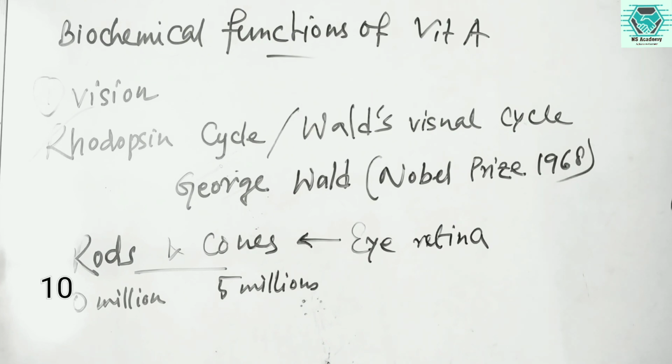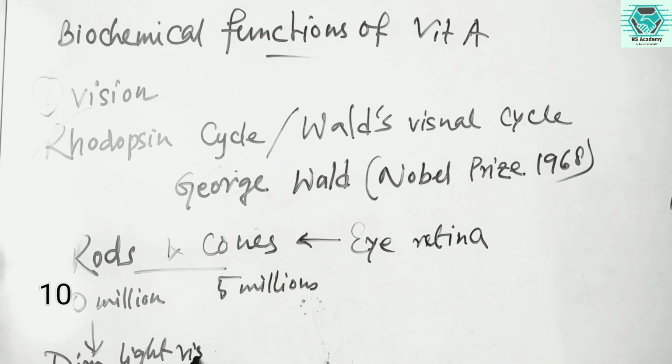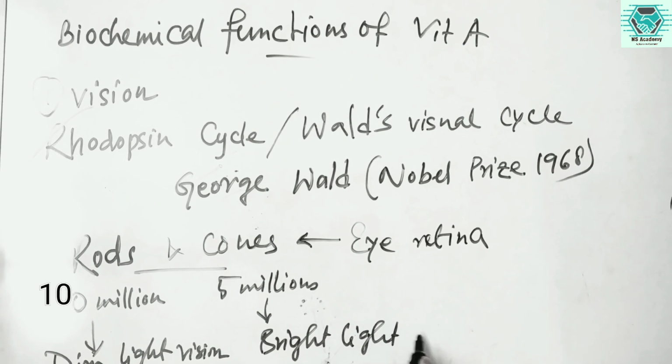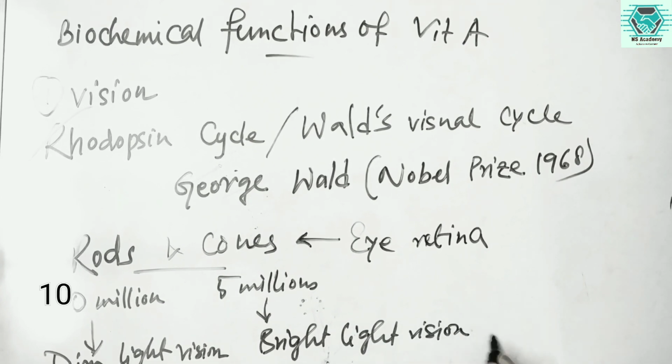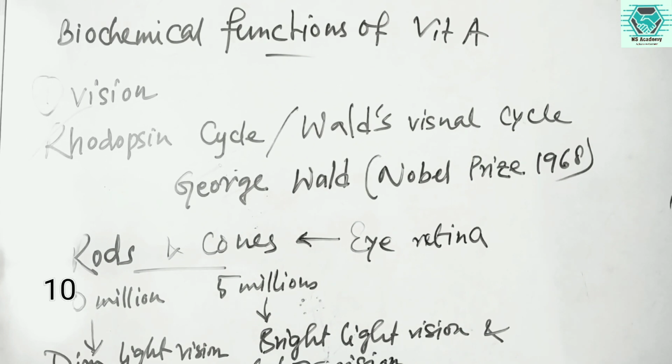Rods are involved in dim light vision. So what is the function of rods? They are involved in dim light vision. And the cones are responsible for bright light and color vision. So this is about humans.